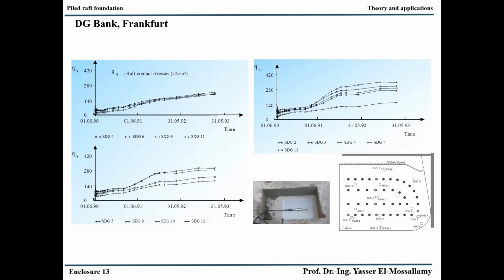This is actually a very high value, as some people say in clay we don't like to have working stresses more than 200 kilopascal. You can see here that we can measure up to 420 kilopascal and there is no problem.